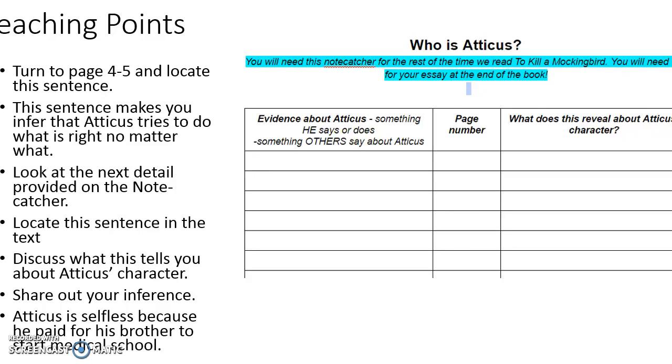So we start right at the very beginning of the story, and as a teacher, you'll walk them through what a few good pieces of evidence looks like, the page numbers, and what that reveals about Atticus. Now, my students have already done this with the last novel that they read, so they've started picking up the fact that if they have this evidence that says he's a good person, then they know they need to have a positive character trait that goes along with that.